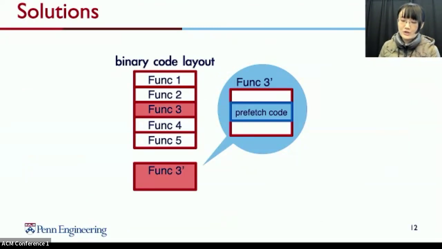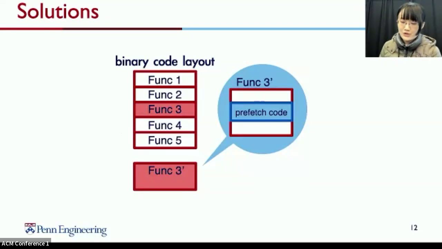This means we keep 2 versions of the function in the address space, the original function and the optimized function. The reason we still want the original function in the address space is that there are cases where prefetch hurts performance, and in such cases we want to roll back to the original code. If we keep the original copy in the address space, it's easier for us to perform this rollback.